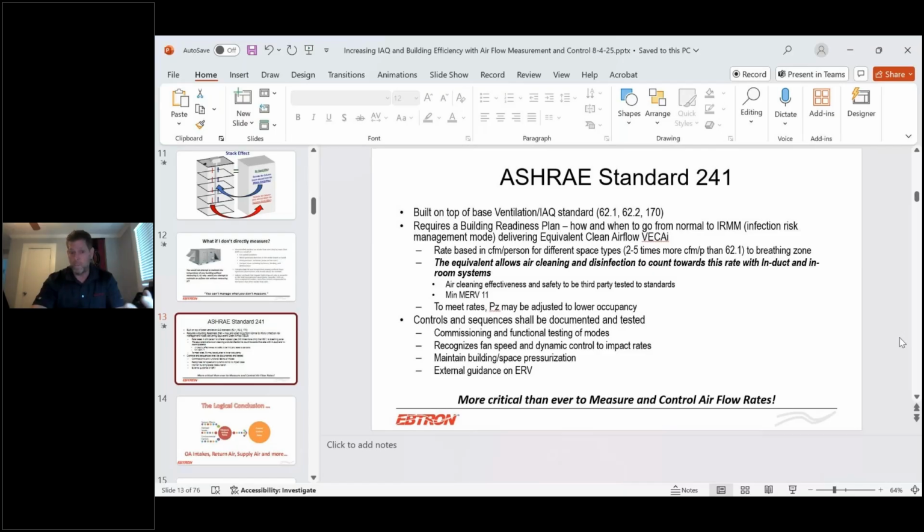So we work very well together with those types of technologies to ensure that you are providing the best indoor air quality possible, but also you're not reducing your outside air intake, your dilution ventilation rates below ASHRAE standards. So it's very important to measure those rates to ensure that you don't drop below those ASHRAE standards.